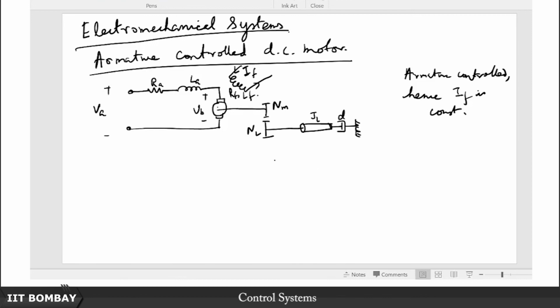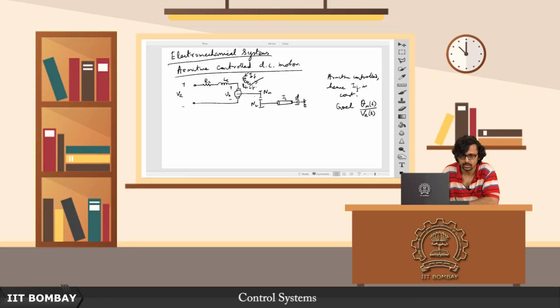the transfer function between the angle rotated by the motor side of this shaft and the armature voltage. You are controlling the rotation of this side of the motor shaft with the variation in the armature voltage.